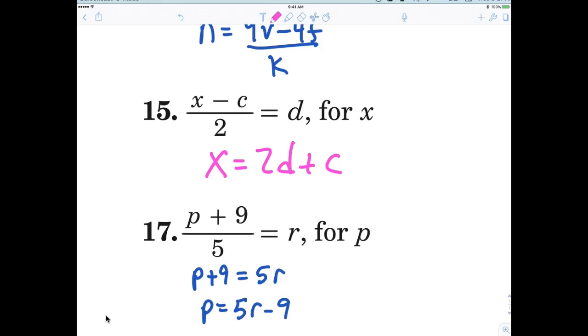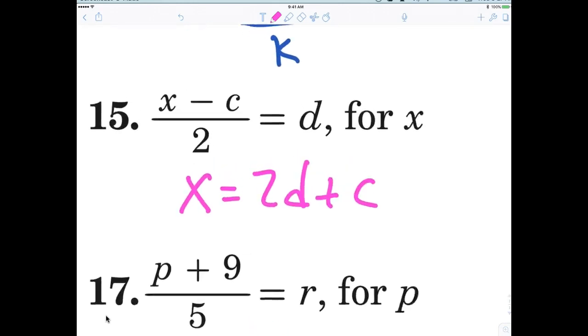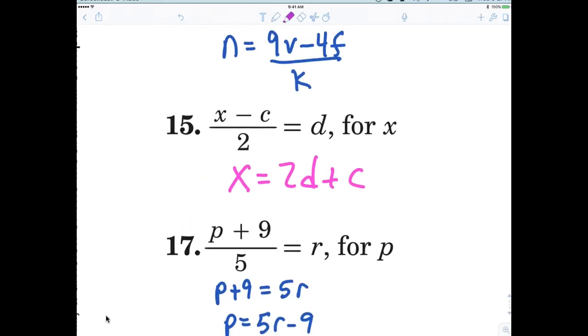Wait, so even though you put the 2d on the top and the negative c is still there, you would still change that to positive? Okay, so it's x minus c, and you put x equals 2d plus c, you would change the negative sign in front of the c. Okay, so here's what I want you to keep in mind. I think I understand what your question is, but listen carefully just in case.